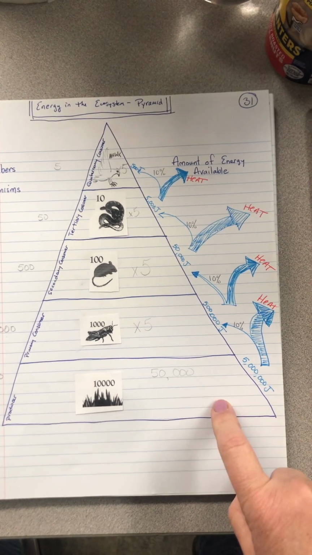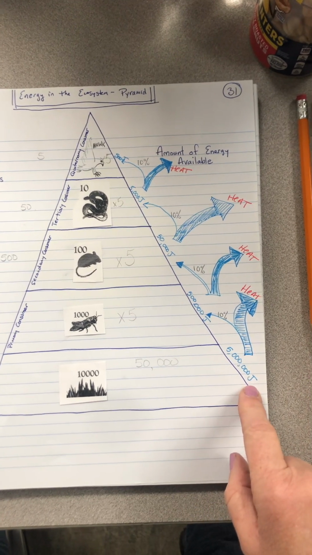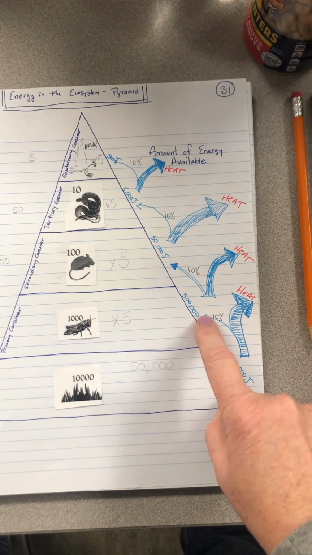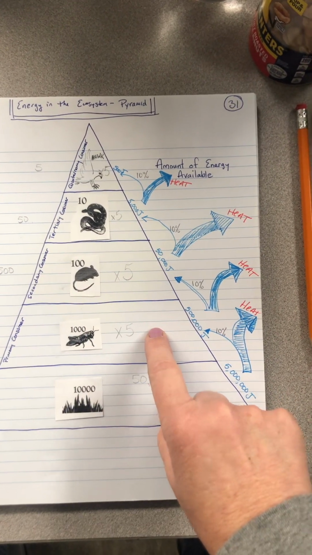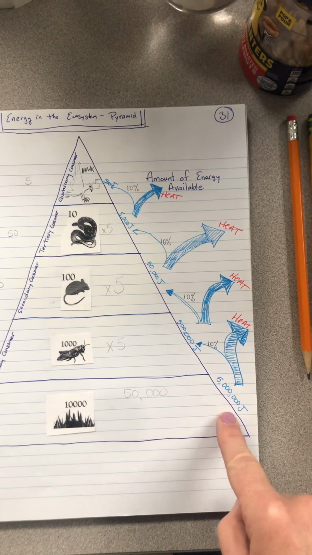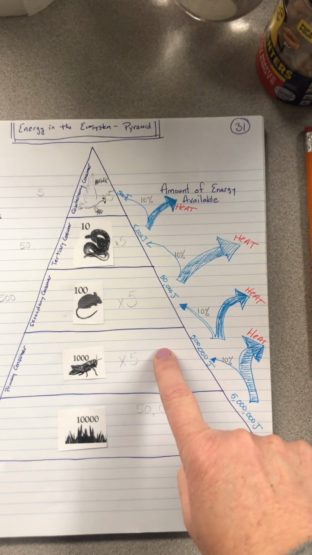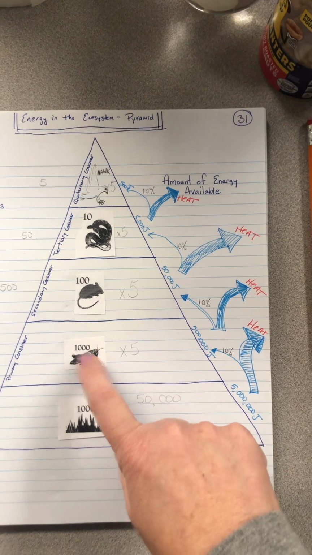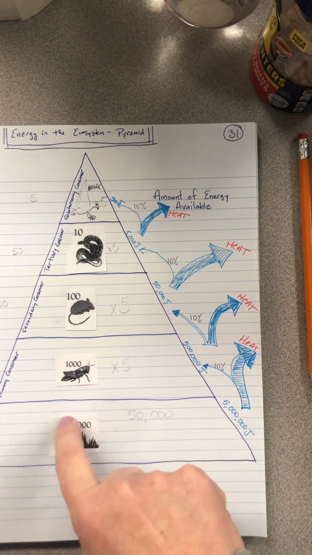The grasshoppers, when they eat that material, only truly 10% gets locked away at this trophic level, which means only of the 5 million joules of energy here, the grasshoppers are only able to take in and keep in their bodies about 10% of the energy that was here.